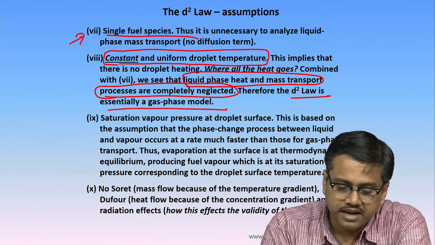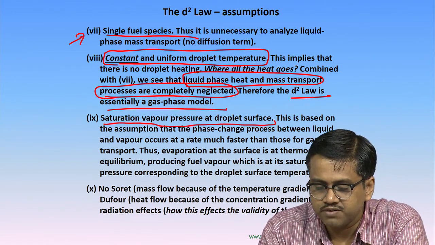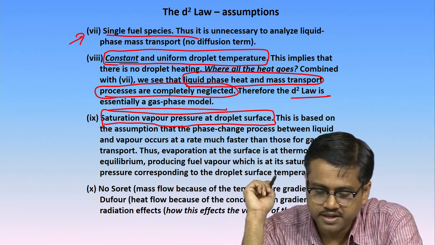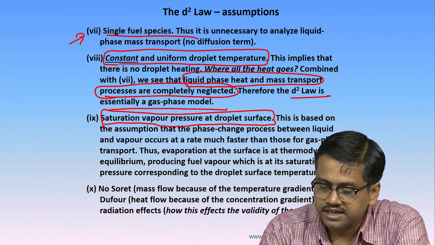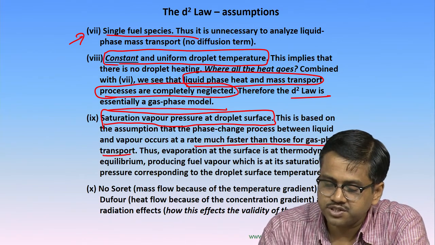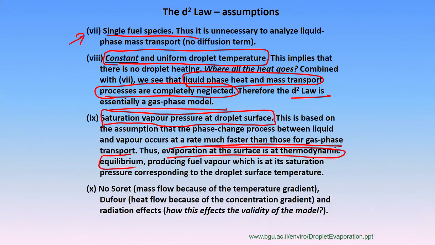And then the ninth assumption, so there are 10. The ninth assumption is the saturation vapor pressure at the droplet surface. Now, this is based on the assumption that the phase change occurs at a rate which is much faster than the gas phase transport. So, the evaporation at the surface is at the thermodynamic equilibrium state, not really valid if you are dealing with extremely rarefied flow and things like that. Okay.